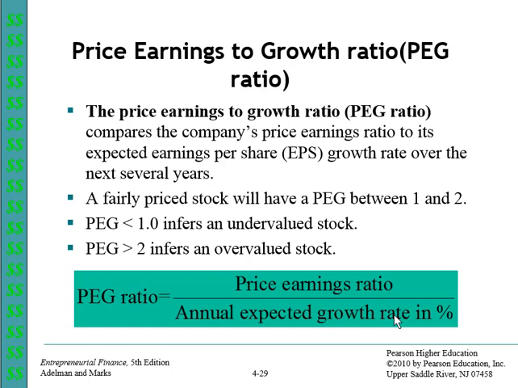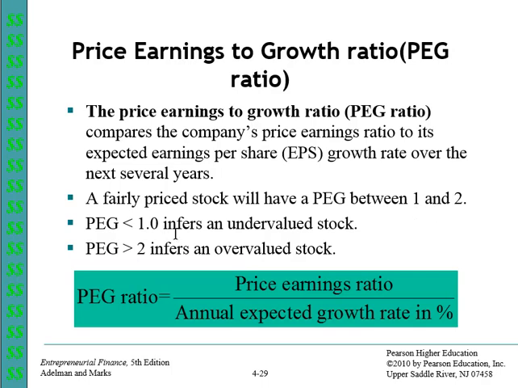Another ratio, that I don't have a slide to show how it changes over time, but it is a nice ratio to understand if you're looking at a company and trying to figure out, relatively speaking, what its value is. Is it overvalued or undervalued? This is what's referred to as the PEG ratio. This takes the PE ratio and divides it by expected future growth rate in a percentage form. A fairly priced stock is going to have a PEG ratio between 1 and 2.